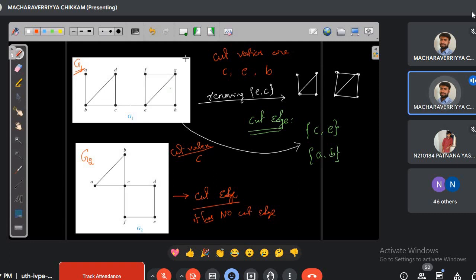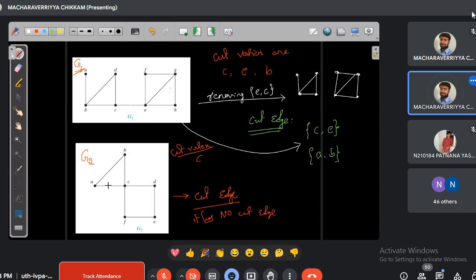For example, in the first graph, the minimum number of edges is 1. If you remove one edge, it becomes disconnected. That edge is nothing but CE. But in the second graph, by removing one edge, can we make it disconnected? No. So we need to remove a minimum of two edges.